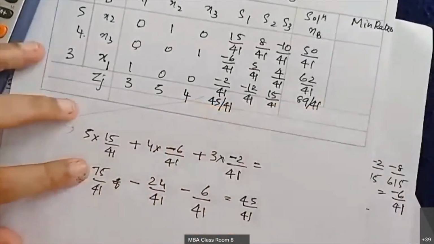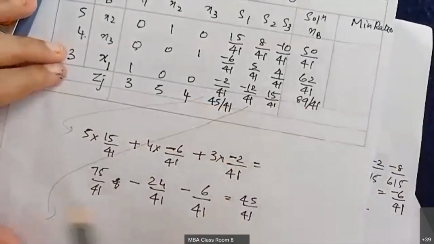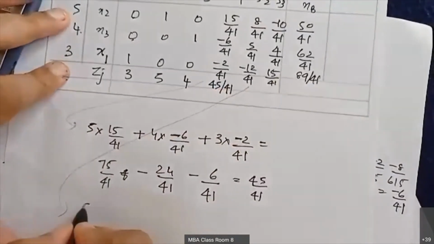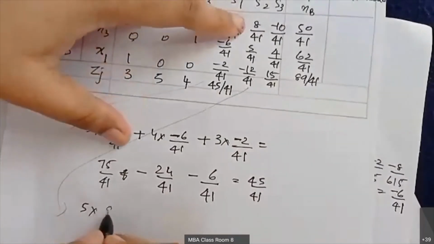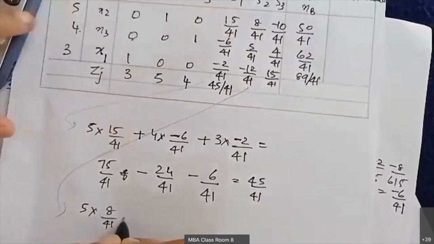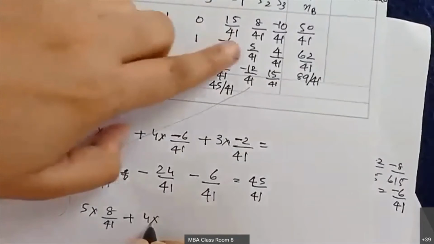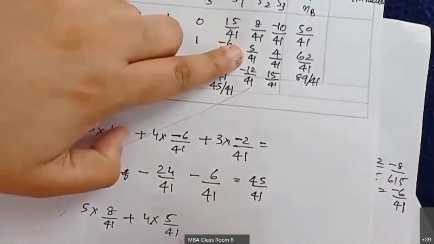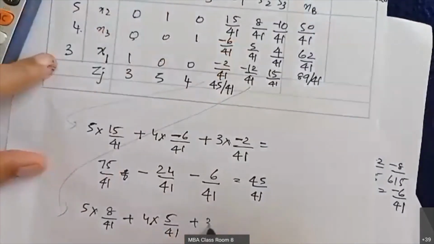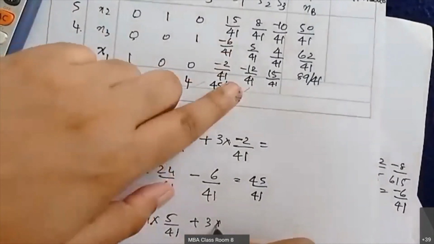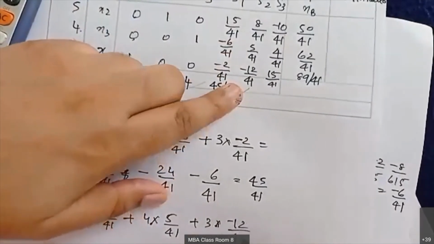Okay, similarly for the next one, this value: 5 into 8 divided by 41 plus 4 into 5 divided by 41 plus 3 into minus 12 divided by 41.